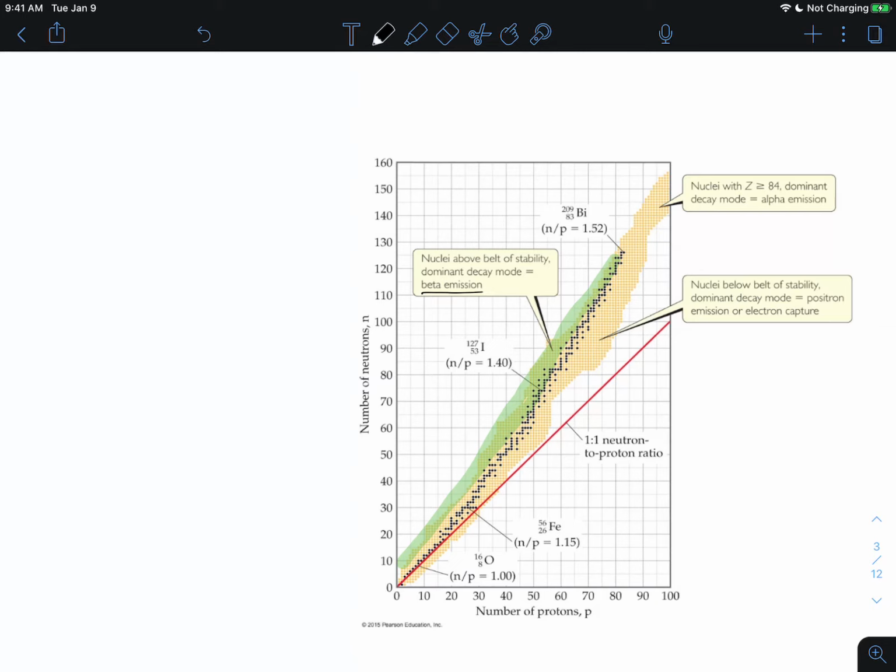What happens if we are above that neutron to proton ratio? We have too many neutrons, and that means we're going to decay one of those neutrons to produce a proton. So we'll have a neutron convert into a proton, and during that process, there'll be emission of a beta particle.